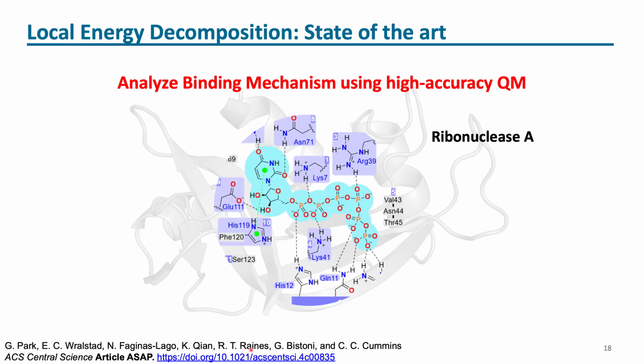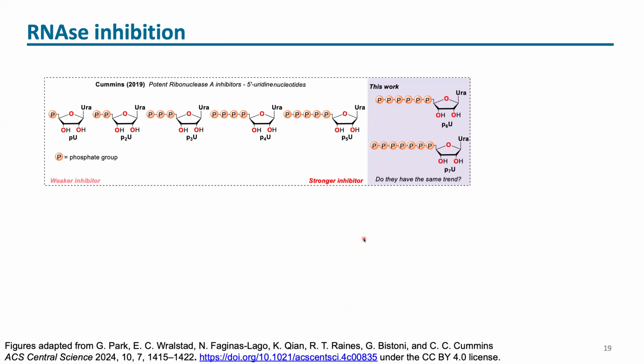In this work, we used LED to study the interaction between ribonuclease A and uridine oligophosphate inhibitors. One of our goals was to decipher the influence of the oligophosphate chain length, so the number of phosphates, and of the individual polypeptides and nucleosides on ligand binding.